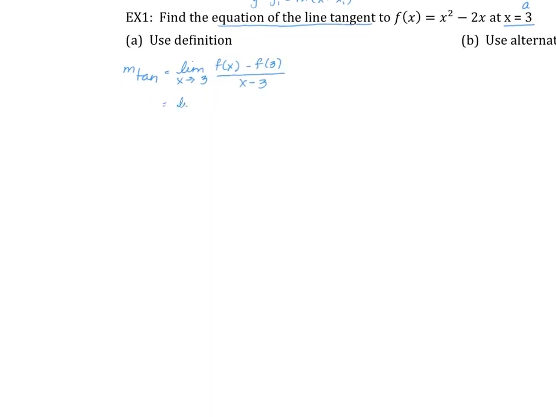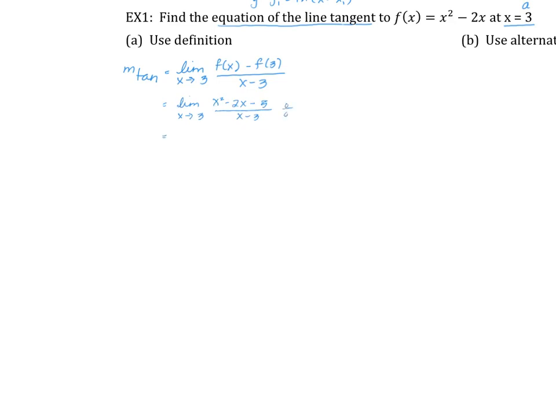So this would be the limit as x goes to 3 of, now f of x is simply x squared minus 2x, and f of 3 is 3, over x minus 3. So notice if I were to evaluate this limit, I would get a 0 over 0, which is an indeterminate form.